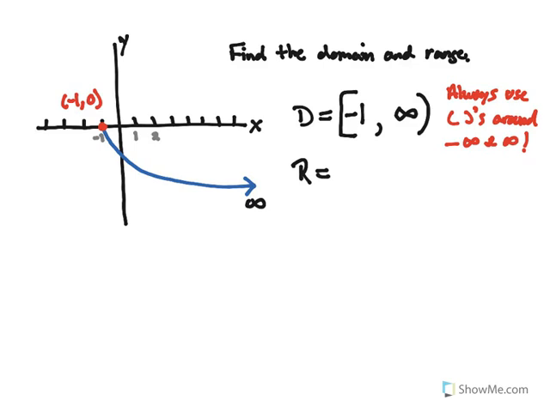The minimum y value you get is 0, and that occurs at -1, okay? So the range is going to start at 0, and we're including it, comma, all the way to negative infinity.